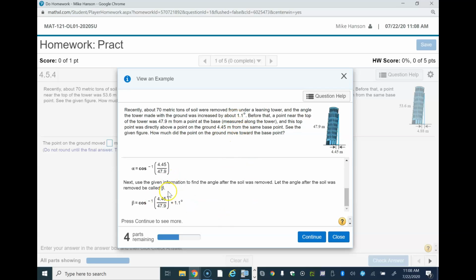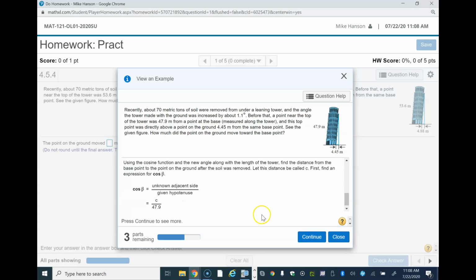Now you can get your answer or leave it in this format, whatever works best, because there's more to this problem that you're going to put in your calculator. Now we're going to figure out the unknown side for beta, which is our new angle, because it moved or increased. We're still going to use the same hypotenuse.